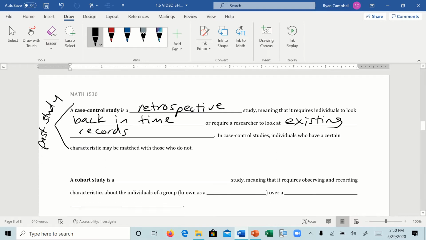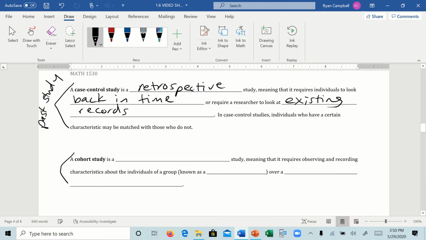And if you can see where we're going, right, the cohort study should be the future study. So a cohort study is a prospective. So pro means forward, meaning that it requires observing and recording characteristics about an individual group known as a cohort over a period of time.